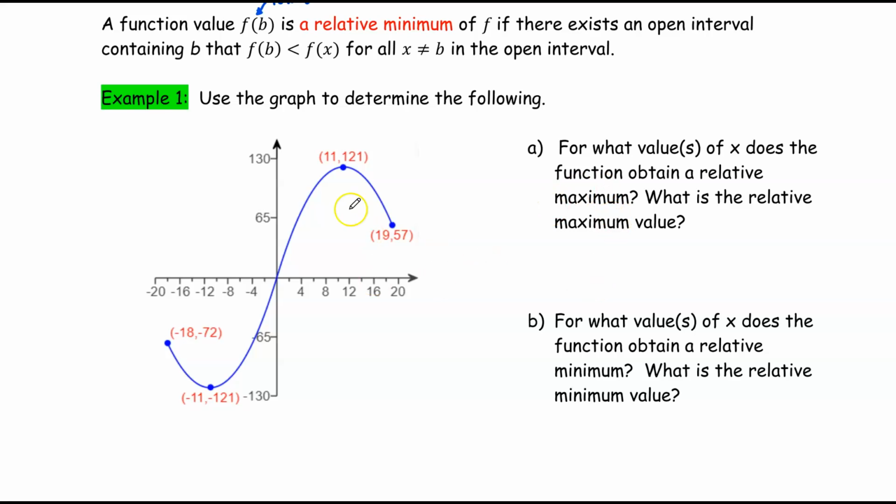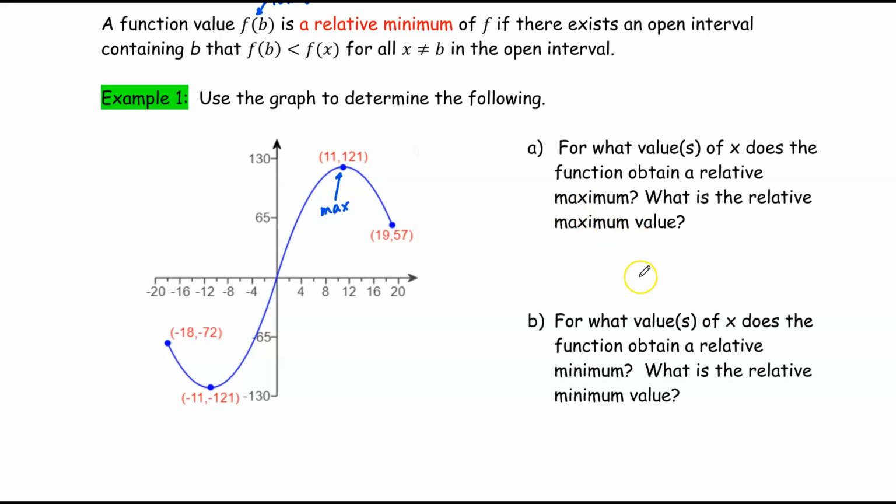Maximum value is a highest point. So it is actually this point here. Now on that point, the x value here is the x value for which the function is a maximum. So this point here is a maximum point.